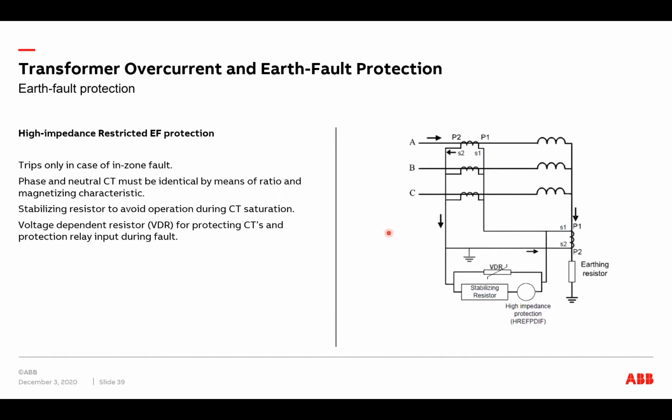But in this protection principle, we are then using here a stabilizing resistor, which gives a stable protection also during CT saturations. And during a fault, the voltage here in the secondary circuit will rise quite a lot. So for that, we also have here a voltage dependent resistor for protecting our protection relay inputs for high voltages.